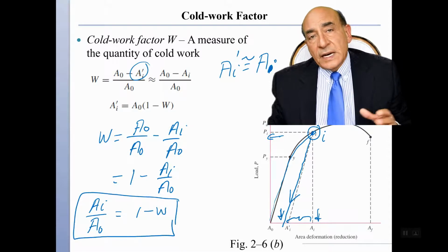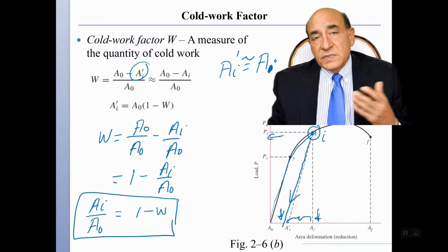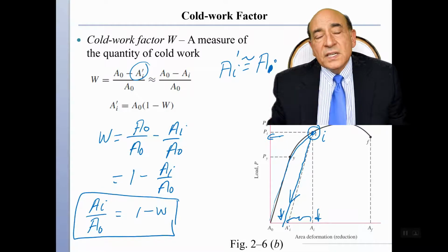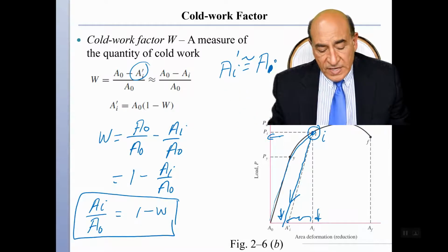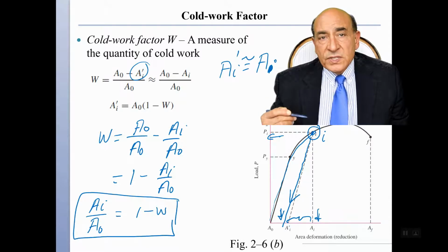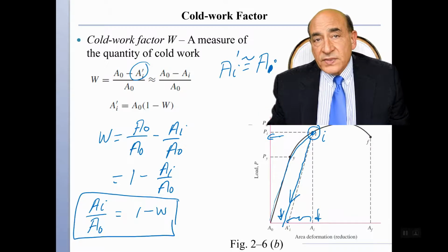So the W is a fraction, could be 10%, 20%, 30%, but not too large. If I go too large, then the material will fracture. And the cross-sectional area ratio to the original is just 1 minus this fraction.